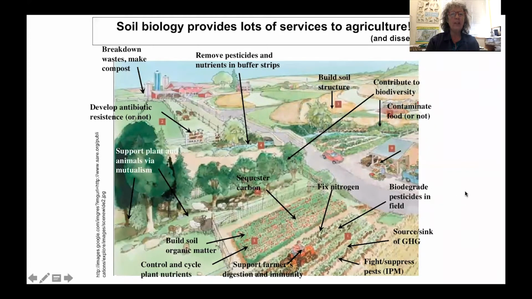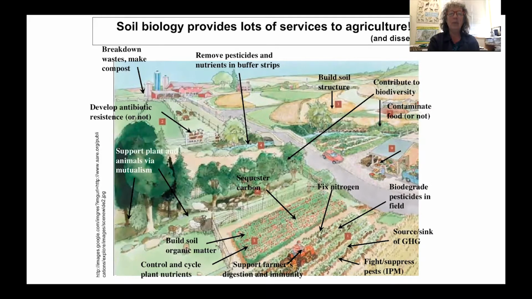So soil biology provides multiple services in agriculture and in any kind of terrestrial ecosystem, and they're extremely important for processing waste, breaking down organic material back into their mineral components. They can break down pesticides and remove nutrients.